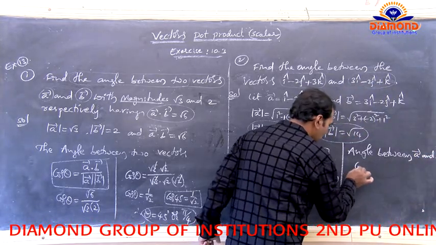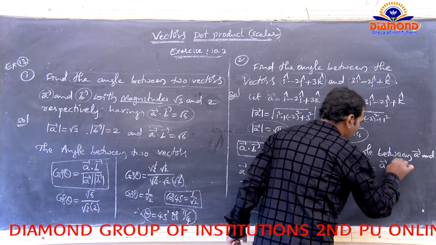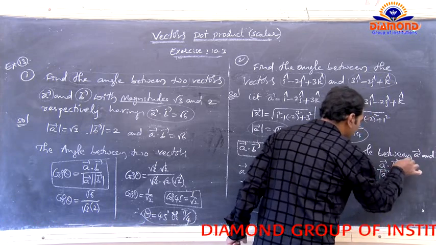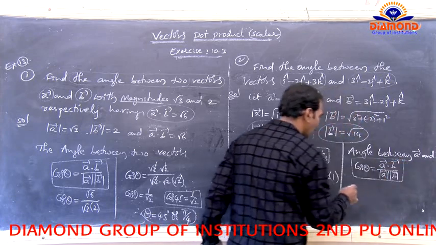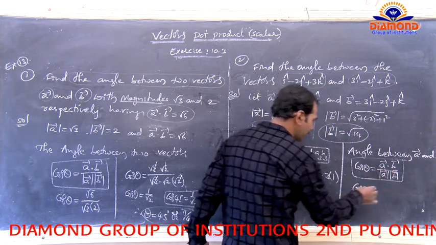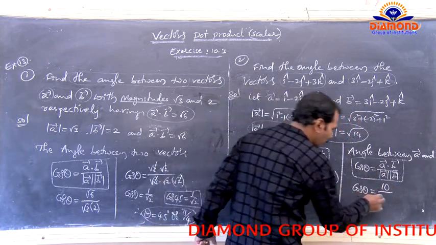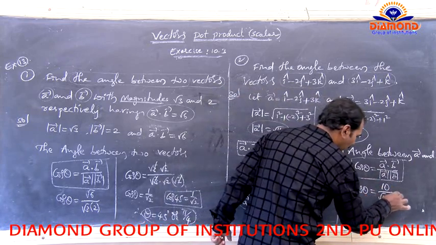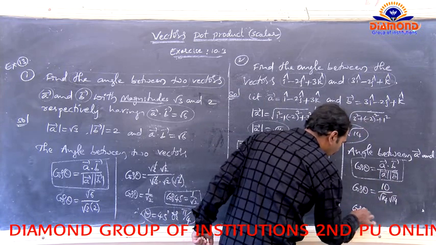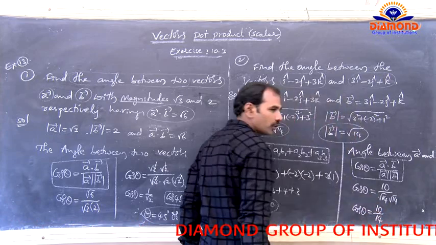So cos theta equals A vector dot B vector divided by magnitude of A times magnitude of B. This is the formula. Cos theta equals 10 divided by root 14 again root 14. So cos theta equals 10 divided by root 14 into root 14, root 14 square.